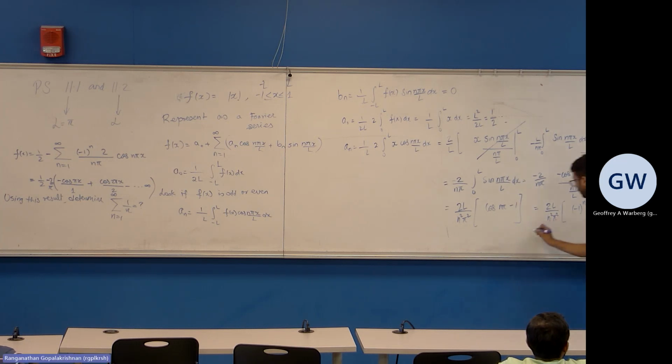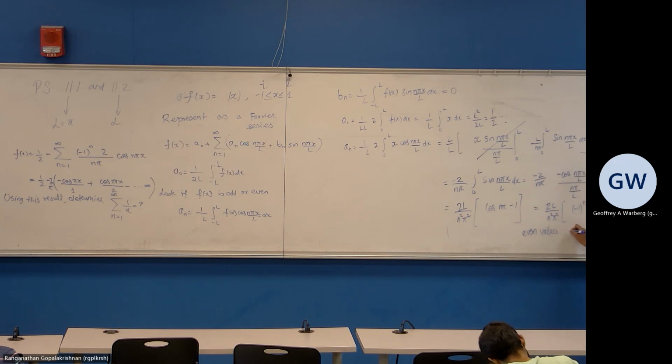So all even values of a_n are 0. Even values vanish.